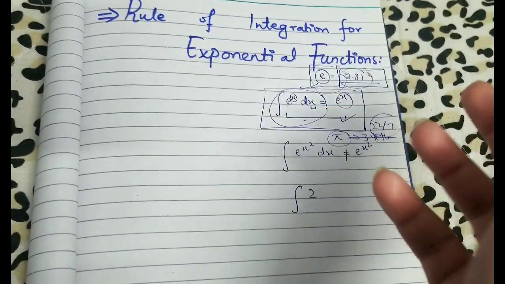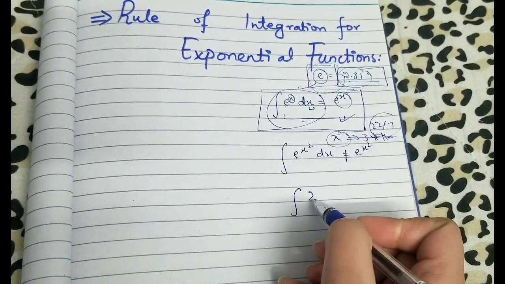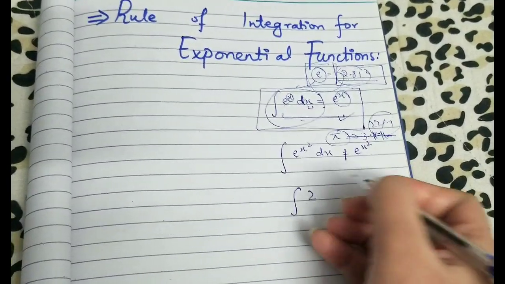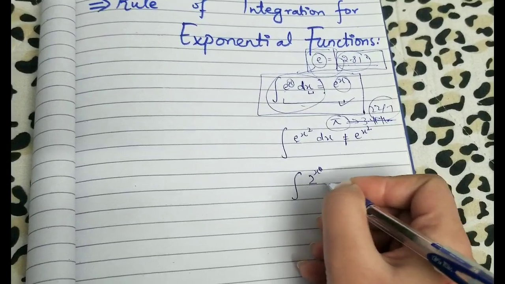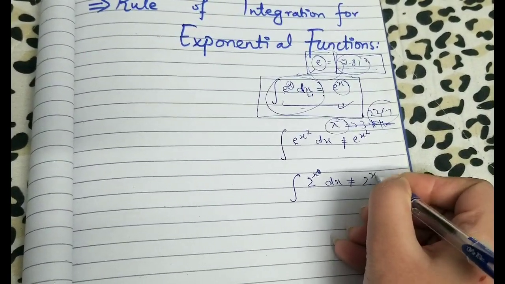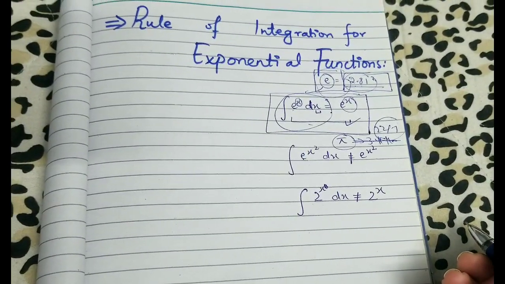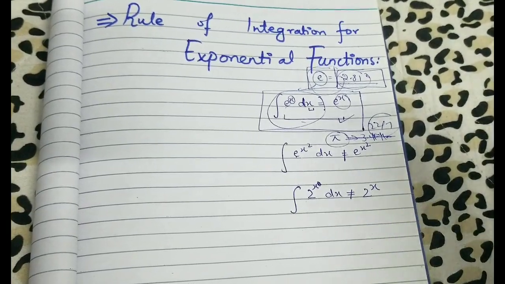So e is a number, and instead of e, if we use some other number, for example 2 or 3 or so on, then for example if we have 2 to the power x dx, then its integration will not be equal to 2 to the power x. Why? And what will be the rule that we should follow in every case that we are given?